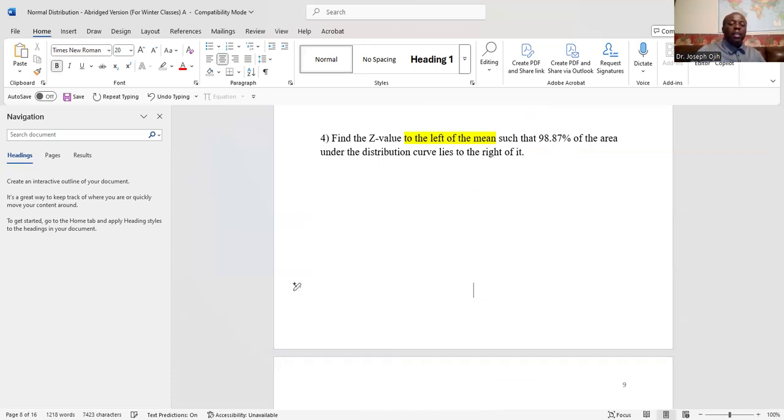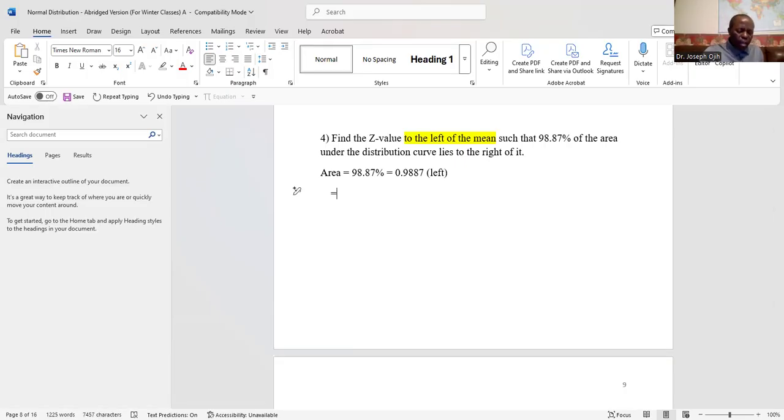So this one, if you like, you can make a diagram. But you know that the area given is 98.87%, which is equal to 0.9887. And it says to find the z value to the left. Okay? To the left. That means that the formula you're using is this formula here.